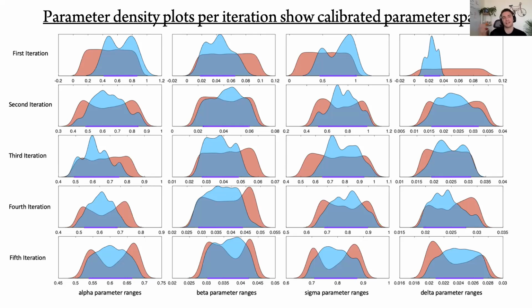That goes back to our sampling scheme: the Latin hypercube sampling ensures that they're not going to be the same. So the sampling scheme itself will have parameter diversity.